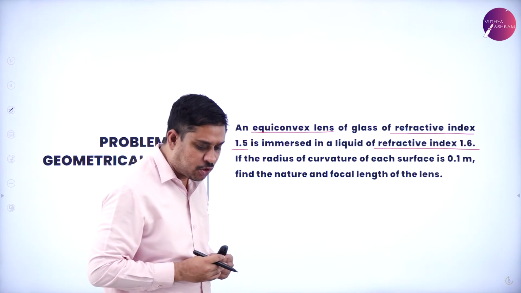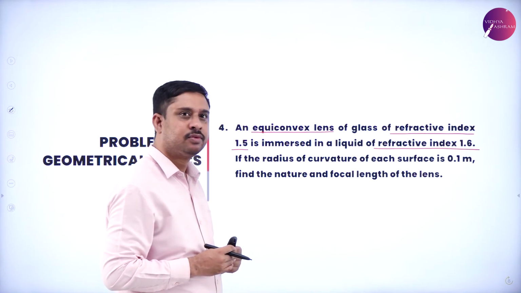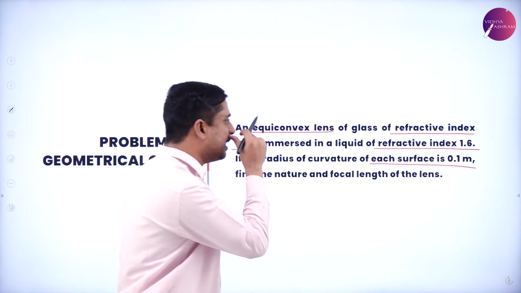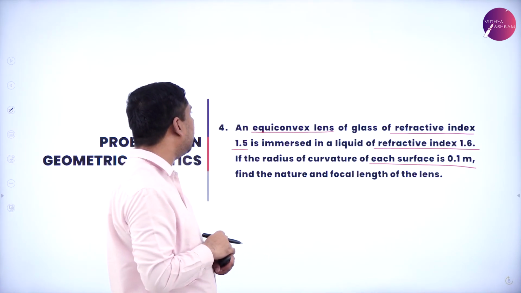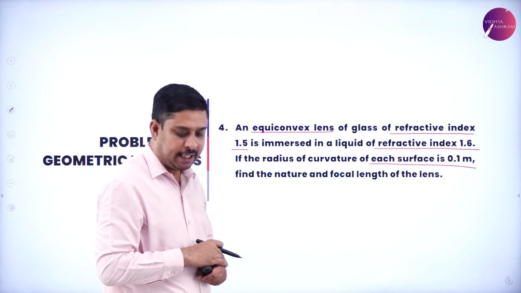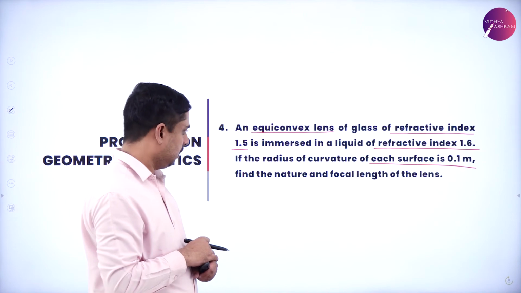If the radius of curvature of each surface is 0.1 meter, find the nature and focal length of the lens.